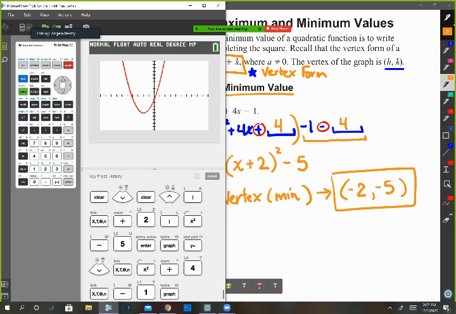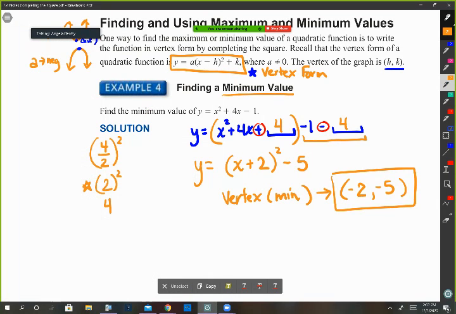This is just another way for you to figure out what that vertex point is without having to graph it and then calculate, because right now, this one's an easy one. You can calculate it fairly easily by looking at the grid, but you don't know it exactly. And so completing the square helps you find that value exactly.